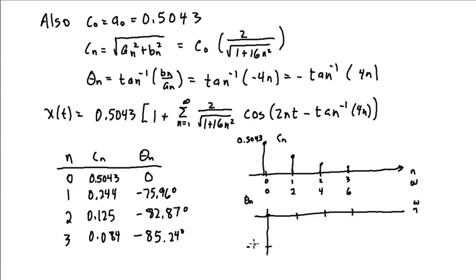They're approaching negative 90 degrees. I'll show that here, and then the first one is at minus 75.96, and then minus 82.87, minus 85.24. So these phase angles are getting closer and closer to 90 degrees for increasing values of n. So this is a plot of the amplitude and phase spectra for this particular periodic waveform.